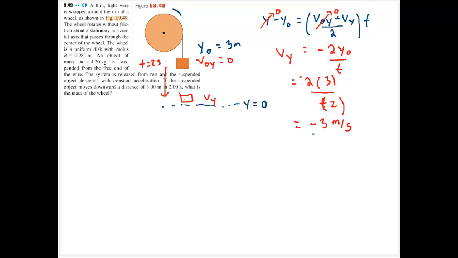I can now relate this to the angular velocity of the wheel, knowing its radius right there. The angular velocity of the wheel must be equal to the y velocity divided by the radius, or negative 3 meters per second divided by 0.28 meters, and I'm going to get negative 10.71 radians per second.